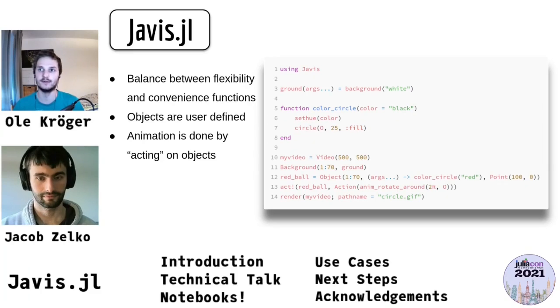And we can also use user-defined functions for objects, like from line 5 to line 8, which is used in line 12, where we have a colored circle. And the animation itself is done by acting on objects, as you can see in line 13, where we provide an action which is used to rotate the red ball around the center of the origin.